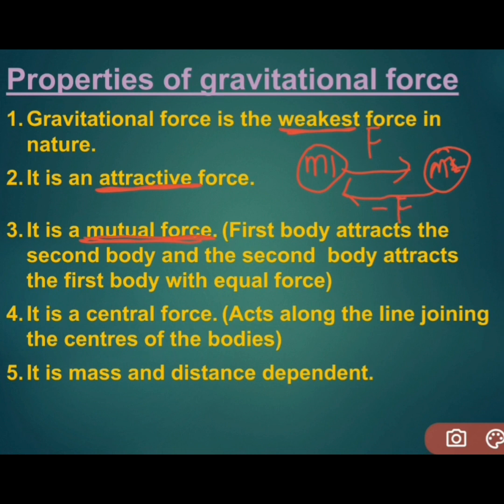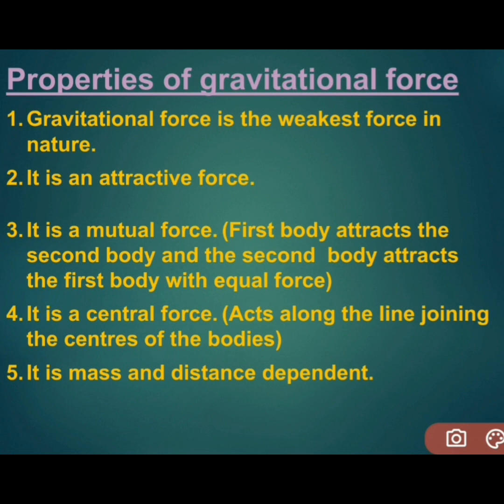That is why we call it a mutual force. Both the objects apply equal force on each other. Next, it is a central force, that means it acts along the line joining the centers of the two bodies. Lastly, it is mass and distance dependent, which I had already explained. Now let us proceed further.